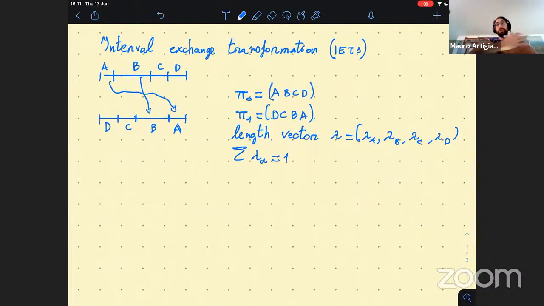But interval exchange transformations have been studied a lot, from many different perspectives. They are an interesting example of a parabolic dynamical system, or a system that has some amount of chaos, but not as much as a hyperbolic system would have.